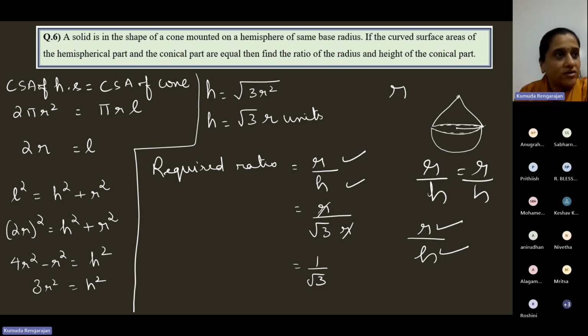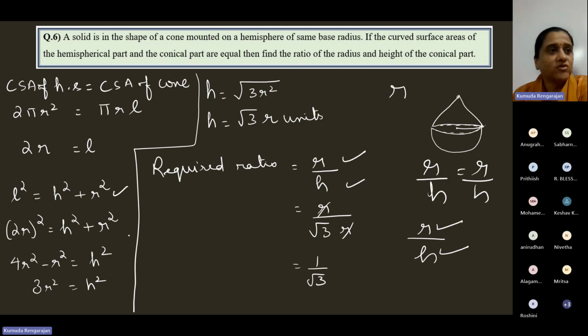And r is r. So we are now trying to find h in terms of r. Radius is r, slant height is 2r. Using the relation L square is equal to h square plus r square, we'll find h in terms of radius.